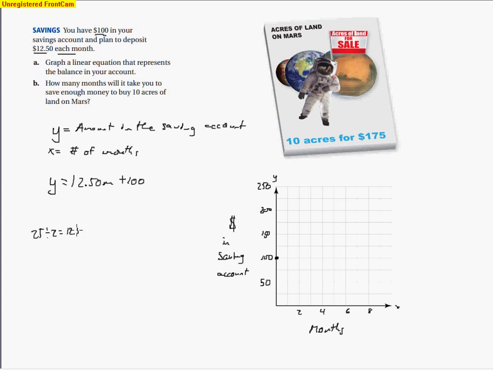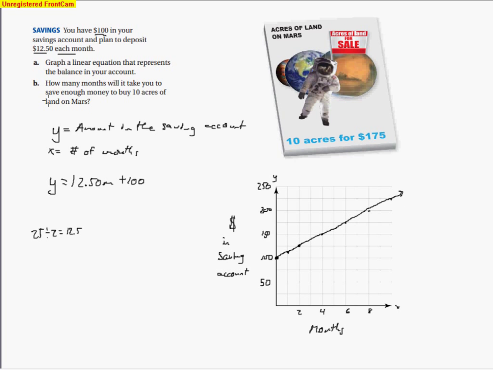So I'm just going to go up half a space, and then 1 month over. Puts us right there. If I go up a whole space, that'd be 2 months. So every 2 months you're going up 1 space. And so I can continue that graph over until the end, and I can draw the line between those points, and that would be my line.